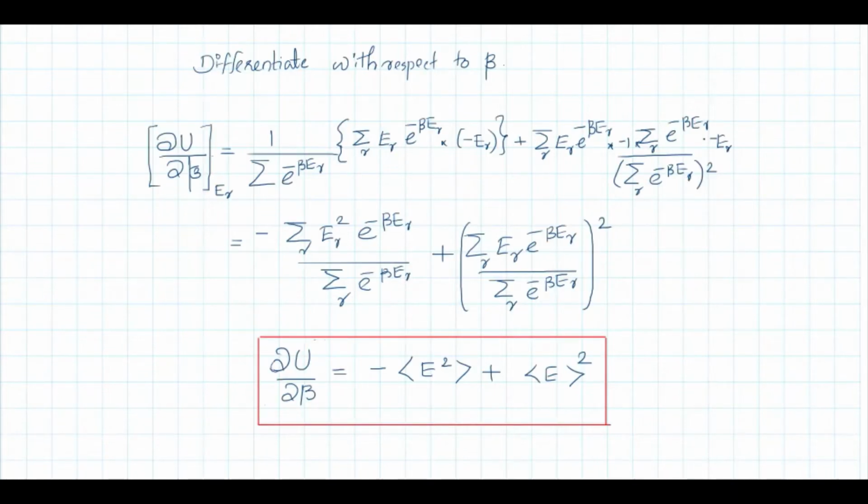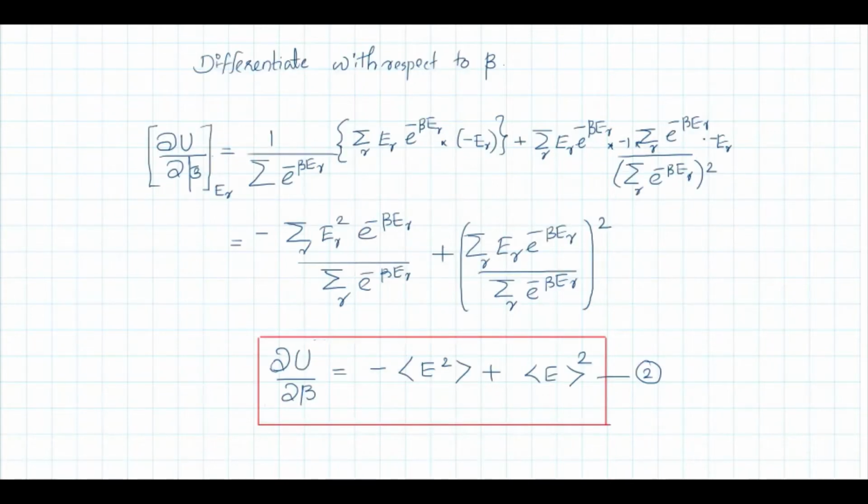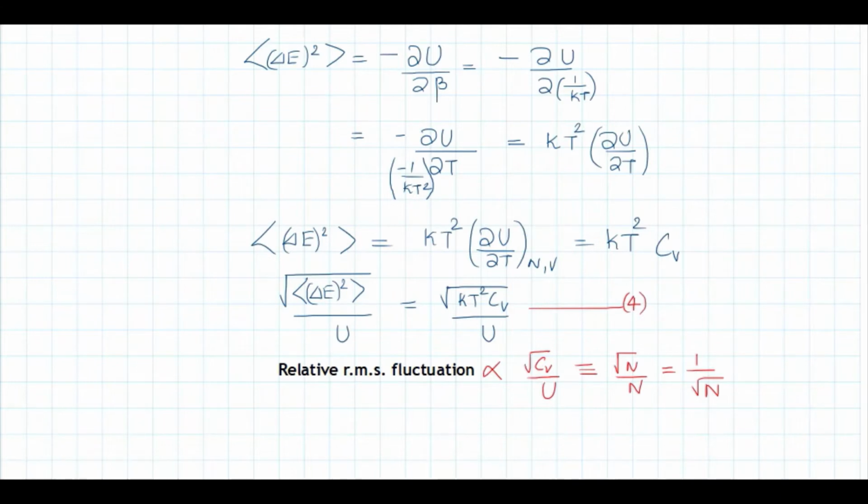This is equation number 2. This is equation number 3. From 2 and 3, you can write dou u by dou beta as minus of mean square fluctuation. Compare equations 2 and 3. Then you will get it as minus of mean square fluctuation. So mean square fluctuation is minus dou u by dou beta, but beta is 1 by kt, and you can take the derivative here.